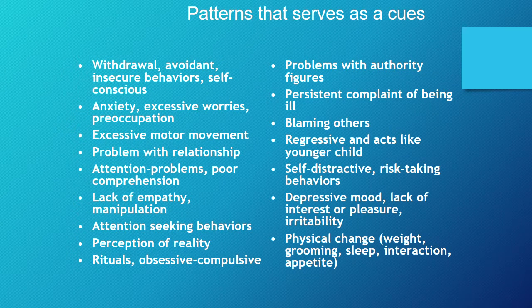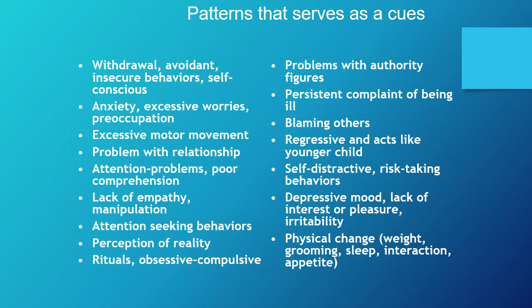There are a few cues that help us identify if the child may have EBD. For instance, the child may be withdrawn, avoidant, insecure, or very self-conscious, or anxiety, excessive worry or preoccupation may be there. Excessive motor movement.